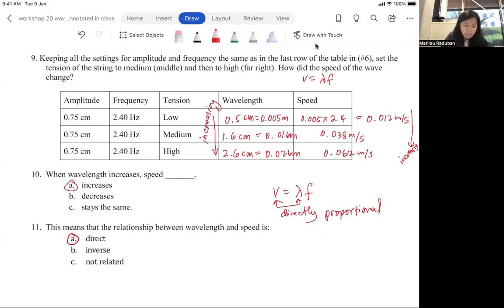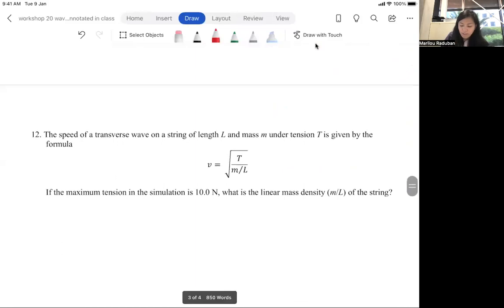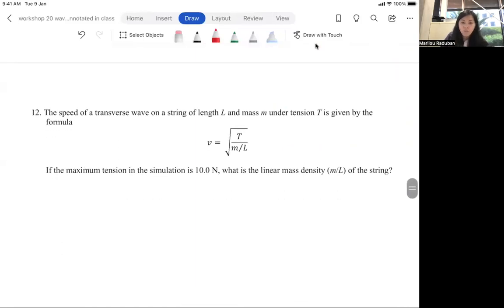Okay, up to this point, it should be fairly straightforward looking at the simulations. Now the next part is a little bit more tricky because it requires some rearranging. The equation for the speed of the wave on a string is this. Of course, it will also hold that speed is equal to wavelength times frequency. This is a general equation for all waves.